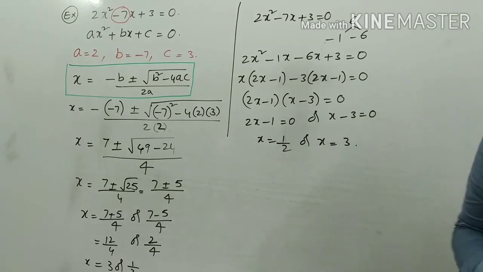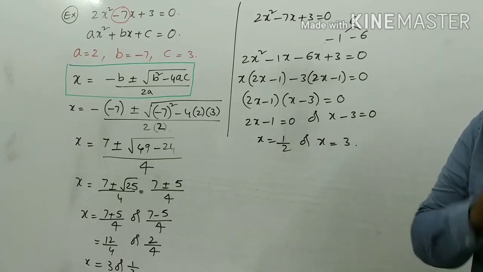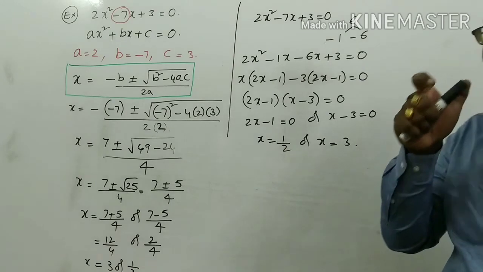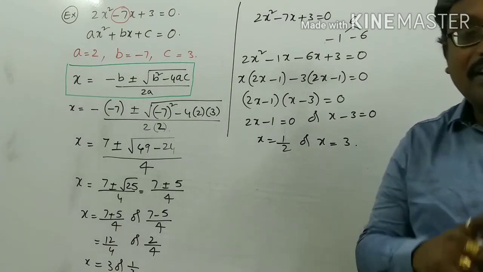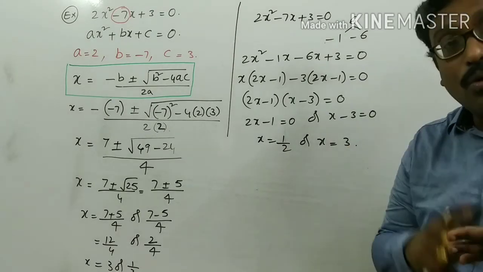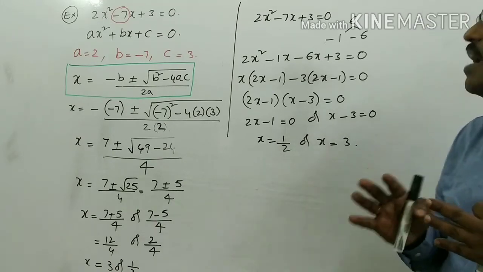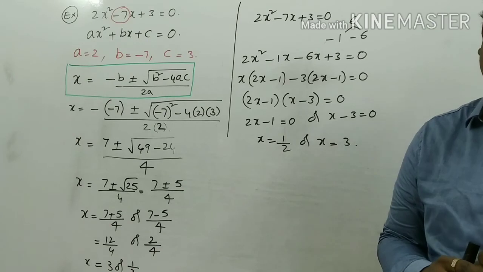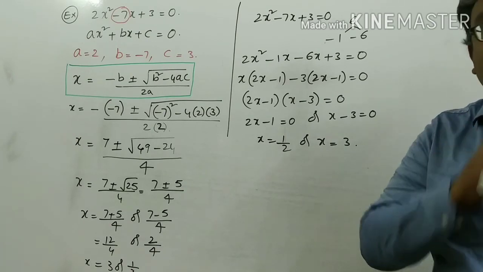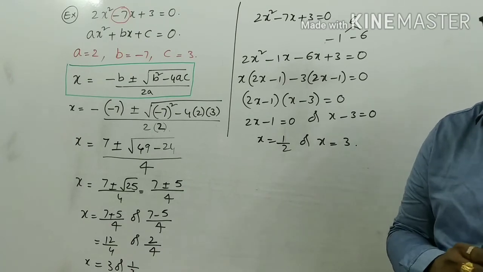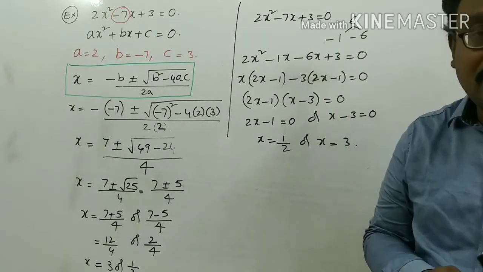So rational roots, rational numbers, that means decimals or fractions, everything will come by using the factorization method. Whereas irrational roots, like square root of 2, square root of 3, square root of 5, we cannot get by using factorization method.